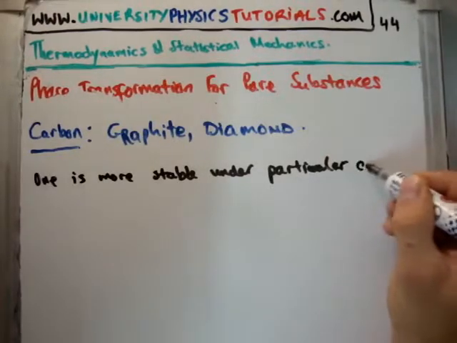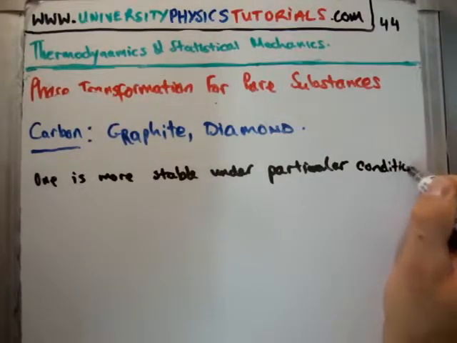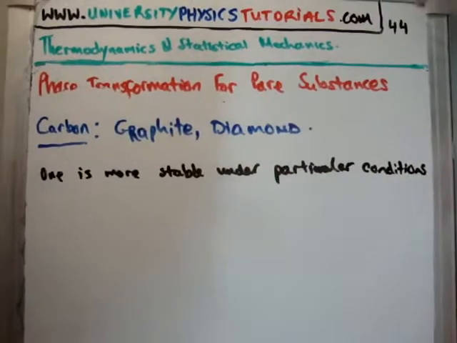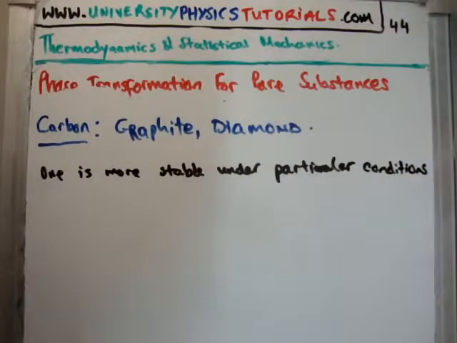Okay, so I hope you can see that. So at particular conditions, graphite might be stable, but at other conditions, diamond might be stable, and that's why you have graphite and diamond.